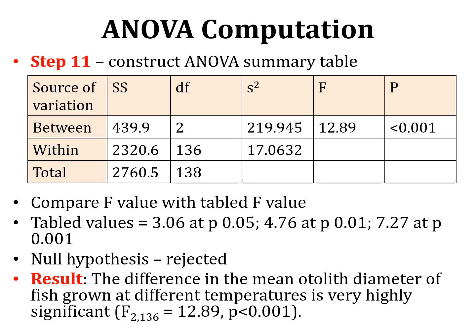We had three different temperature treatments, and the measurement variable was the otolith diameter of fish, which was our response variable. We saw the effect of different temperatures on the otolith diameter, and here is the result: there is a very highly significant effect of the temperature at which fish are grown on their otolith diameter.